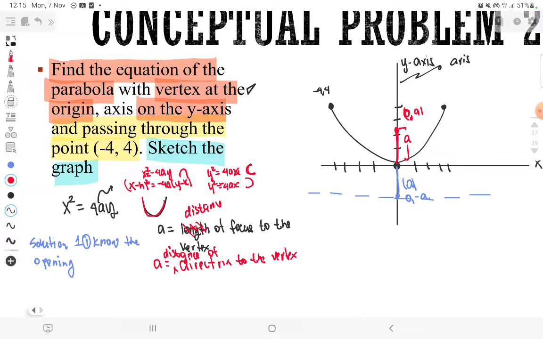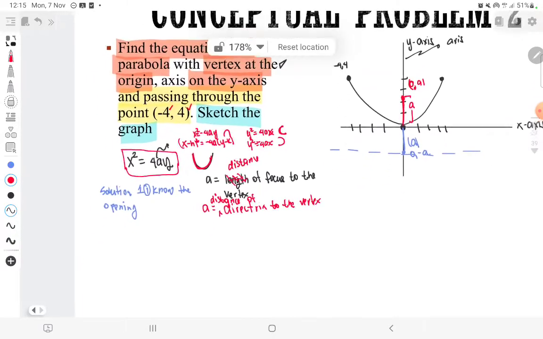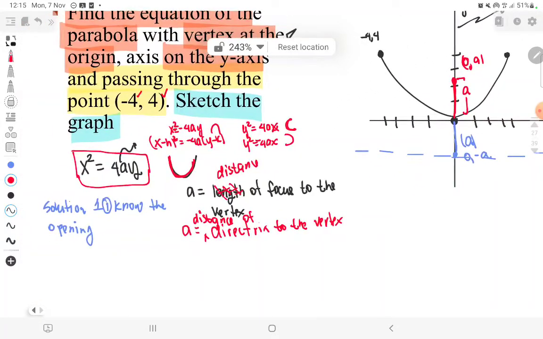Now, since our parabola is opening upward, we may consider x squared equals 4ay and use the point (-4, 4) to find a. So our second step, since we know the opening, is to use x squared equals 4ay.